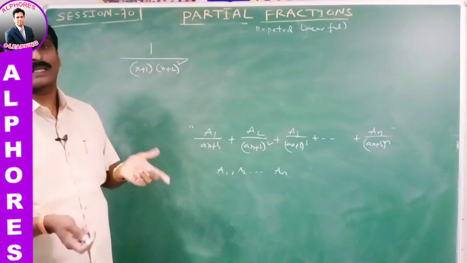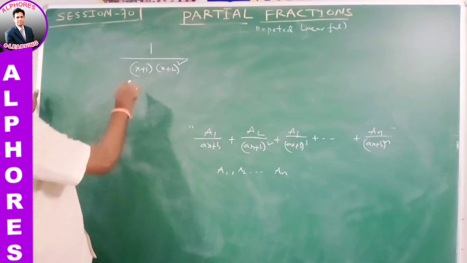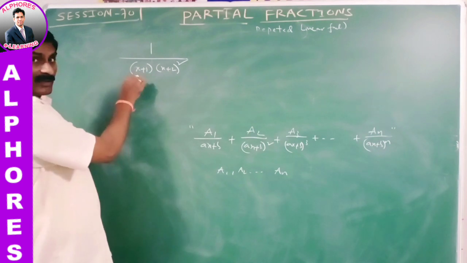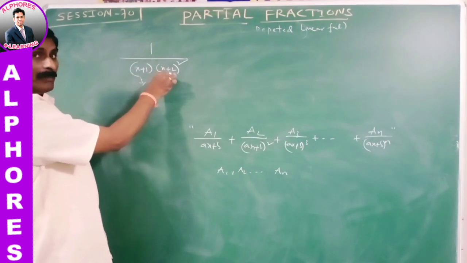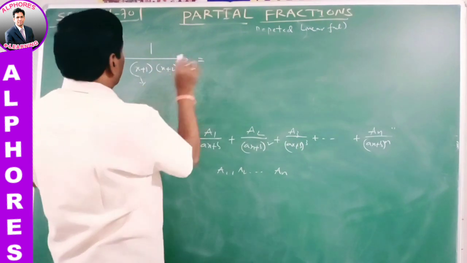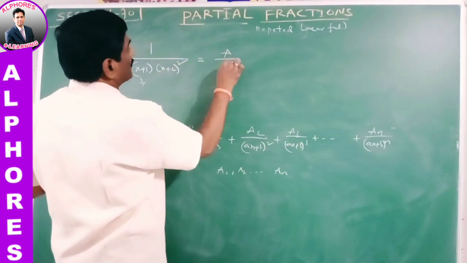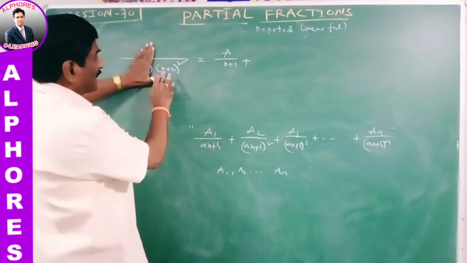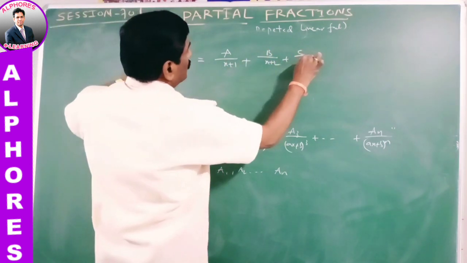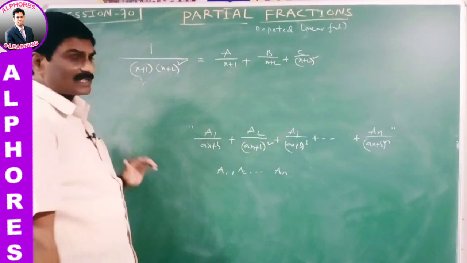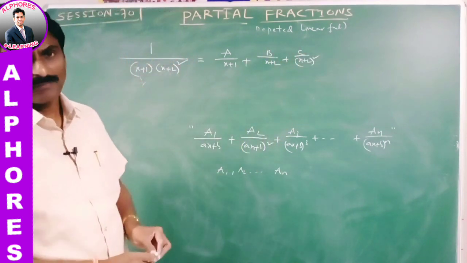It appears 2 times. Repeated linear factor. So x plus 1 has only one partial fraction, and x plus 2 is repeated 2 times, so it has 2 partial fractions. So it can be resolved into a by x plus 1 plus b by x plus 2 plus c by x plus 2 whole square, where a, b, c are constants which are to be determined. Okay, please note this.